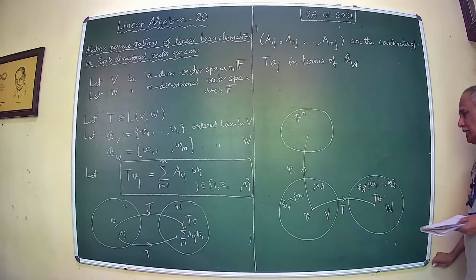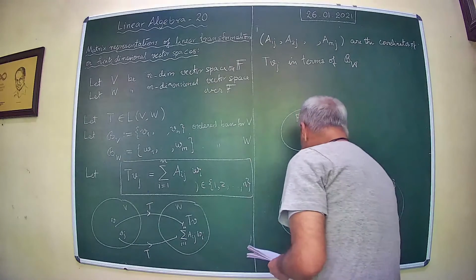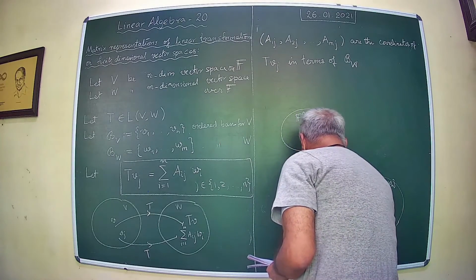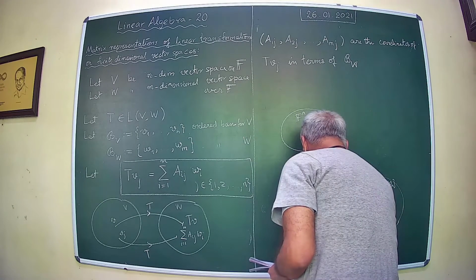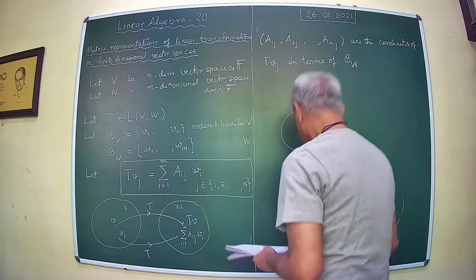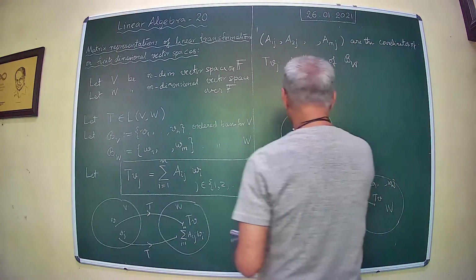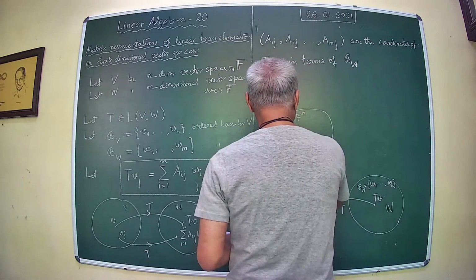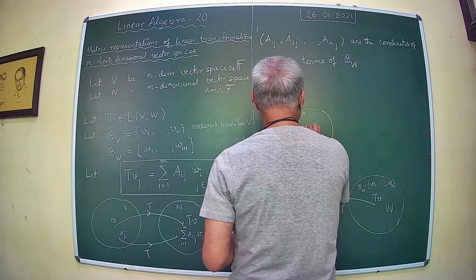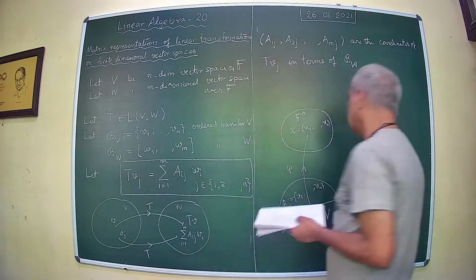Now in terms of that, v is written as x1 e1 plus etc., the unique representation of v. And that prompts us to associate this with the element x given by x1 to xn. Here the order is very important.